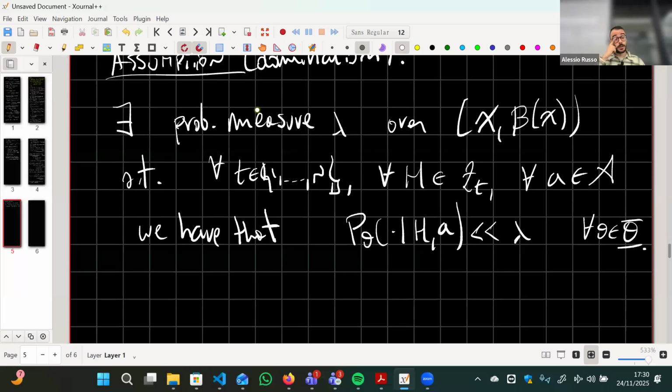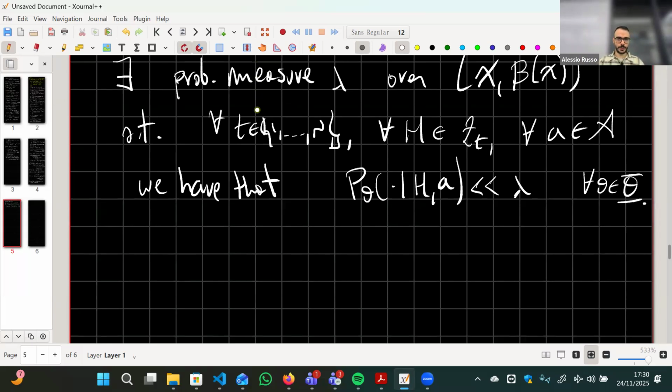So under this assumption of domination, we can define the likelihood ratio. If you know the sampling rule, the likelihood ratio for a given trajectory, capital HT, and a given parameter theta will simply be defined by the Radon-Nikodym derivative here.